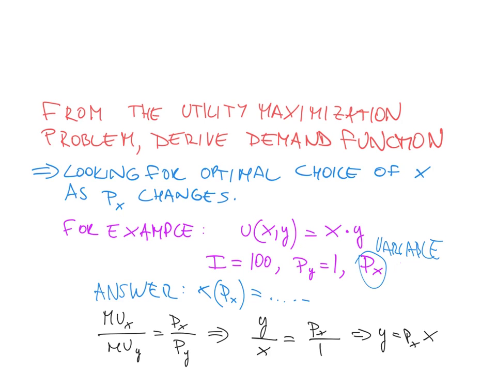If we got that, that pretty much would be the equation for demand. Okay, so I'll give you a minute just by yourself. See if you can solve that. You might be able to, because you've done this many times, except px was not a variable. So the only difference is now px is a variable. See if you can solve the utility maximization problem with that utility function, that income, that price for y, and px as a variable. And see if you can actually find this demand equation yourself.